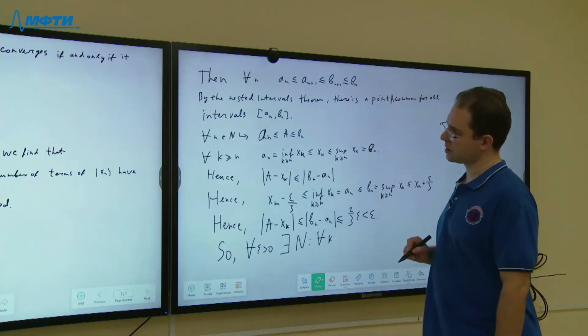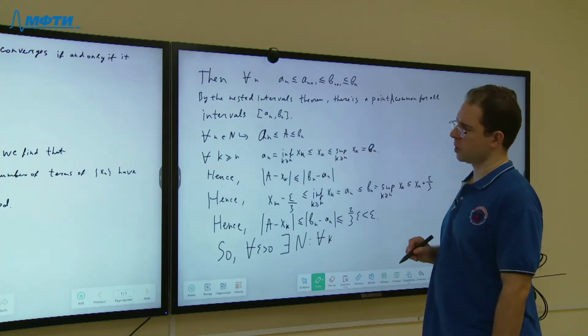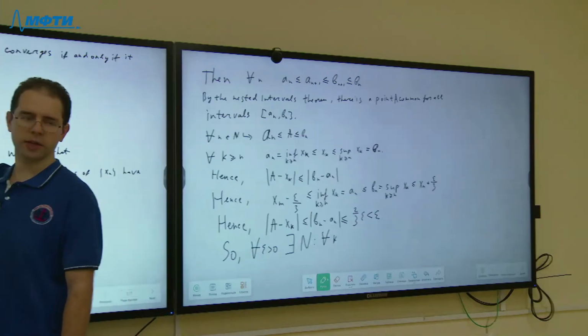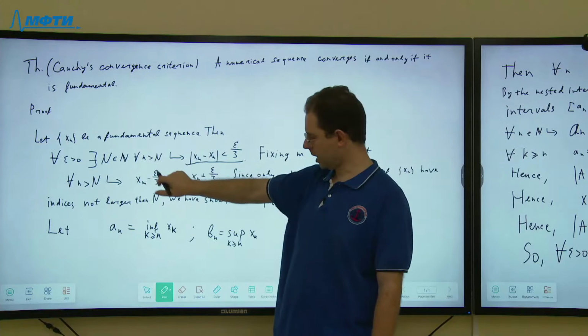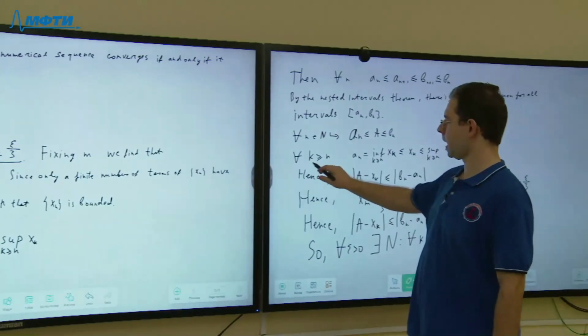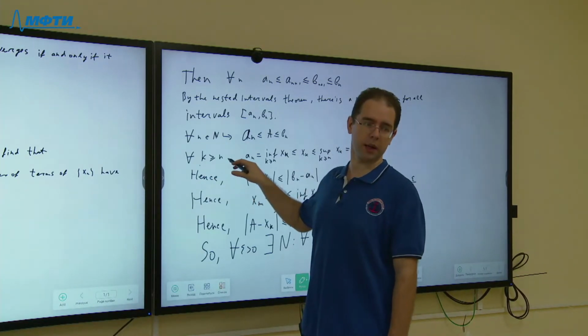Look, we said that small n is greater than capital N. And then we said over here that k is any number greater or equal than small n.